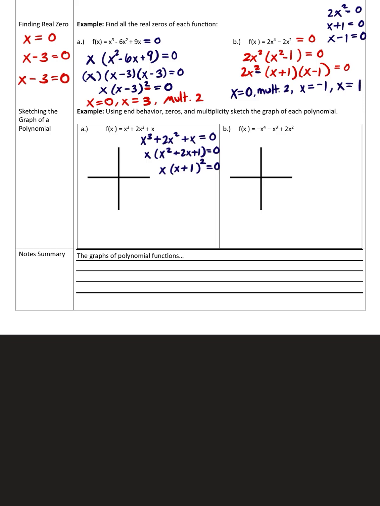So if I set each of these equal to 0, I would have x equals 0, and then x plus 1 equals 0, and another x plus 1 equals 0.